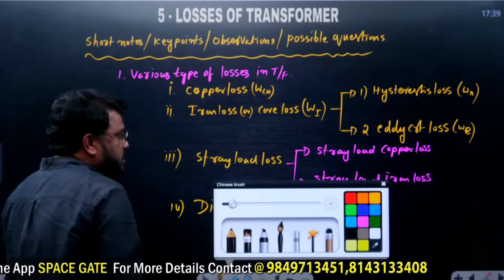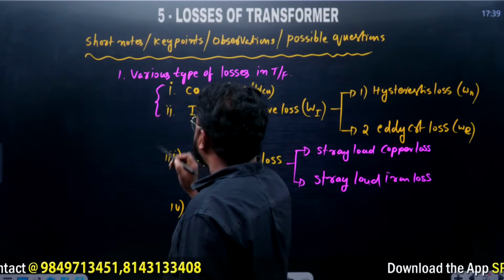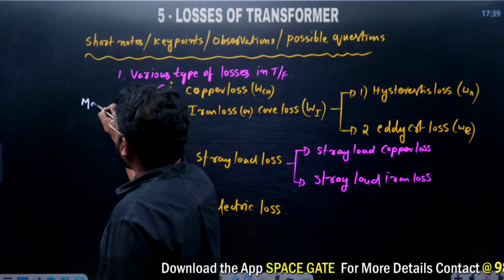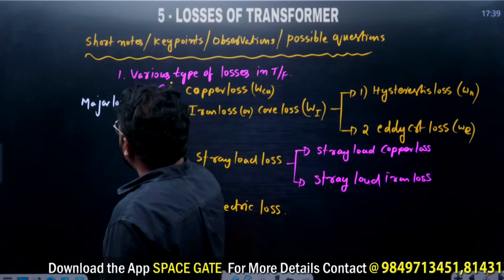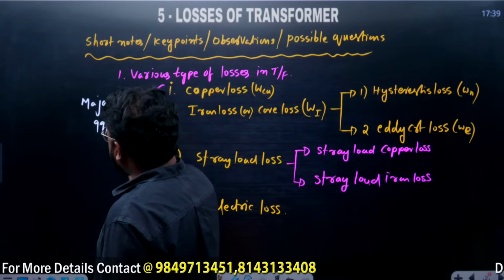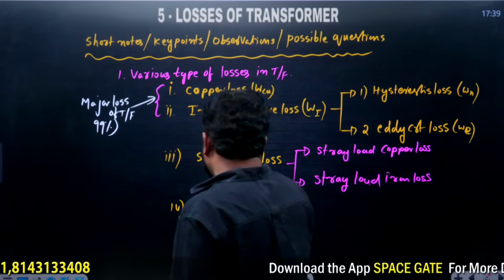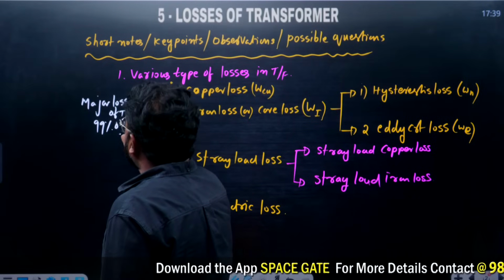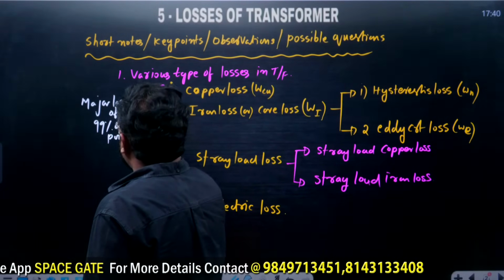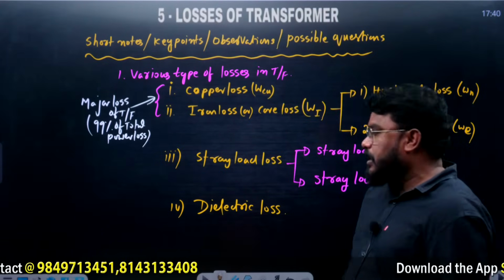And these 2 losses, copper losses and iron losses, are the major losses of the transformer. They make up 99% of the total power loss. ఒక మొత్తం పవర్ లాస్‌లో 99% ఉంటాయి, కాపర్ లాస్ అండ్ ఐరన్ లాస్ రెండు కలిపి 99%.